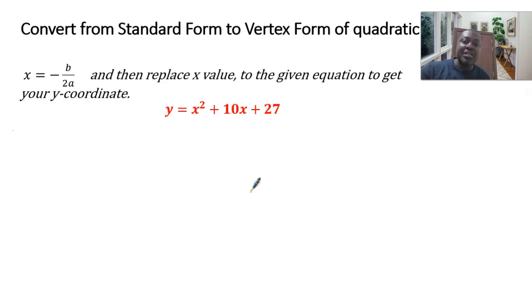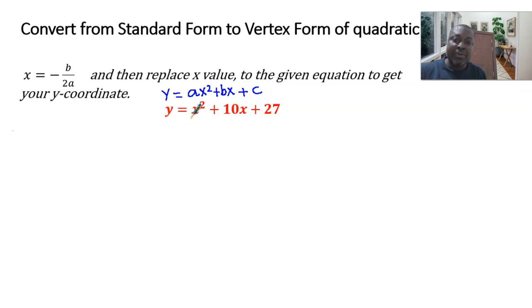So we have three different unique examples that I would like us to do to bring the understanding. So we need our a and b. How are we going to get our a and b? We are comparing with the standard. We know that the standard has to be ax squared plus bx plus c.